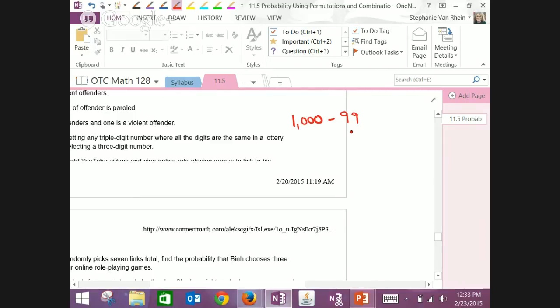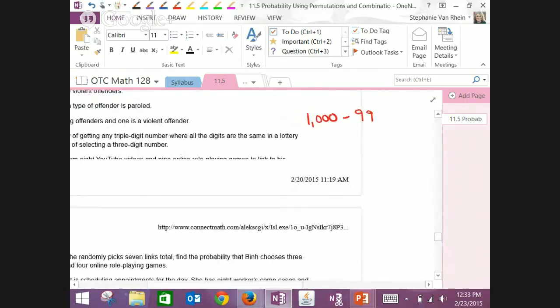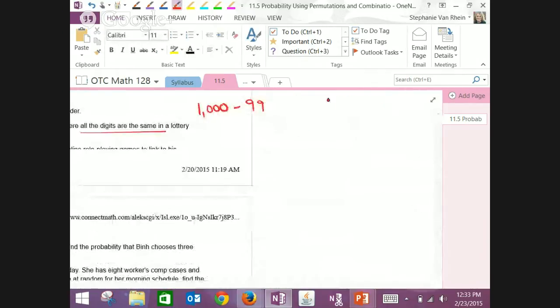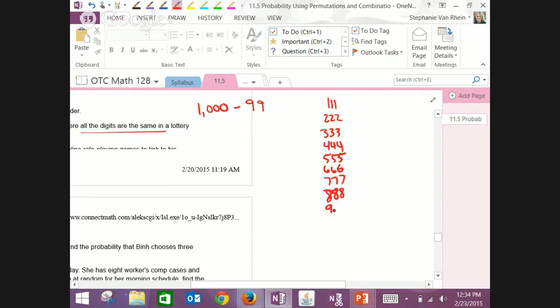fits the event that all the digits are the same, right? So 1, 1, 1, 2, 2, 2, 3, 3, 3, 4, 4, 4, 5, 5, 5. Right? 1, 2, 3, 4, 5, 6, 7, 8, 9.